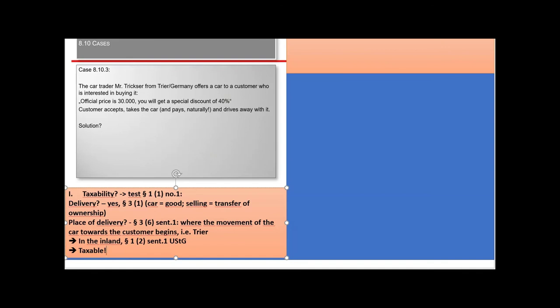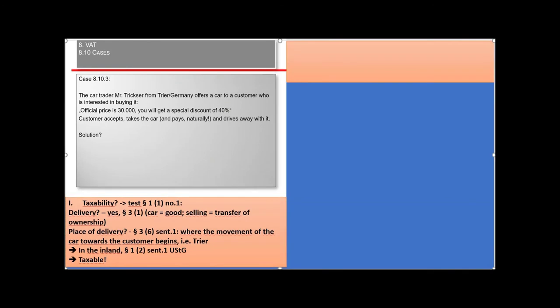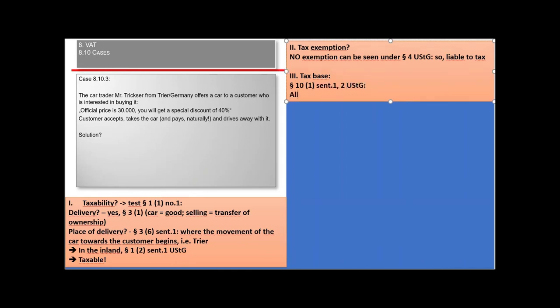And now, ladies and gentlemen, what do we have to do now? Next step, tax exemption. And we have no exemption that can be seen under 4 USTG, so liable to tax. Number 3, tax base. 10.1 sentence 1 and 2 USTG: all what the car trader gets.